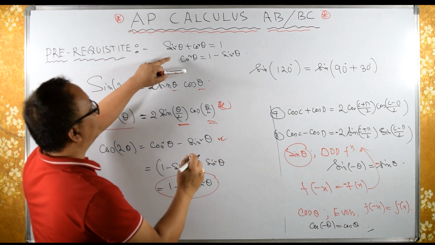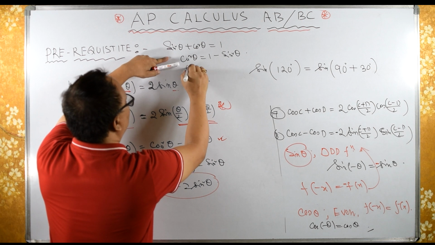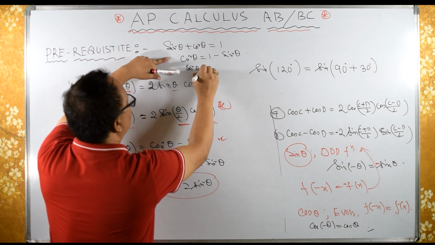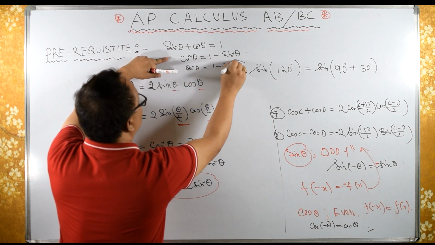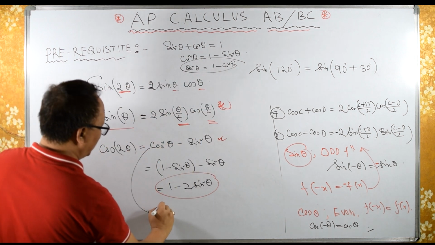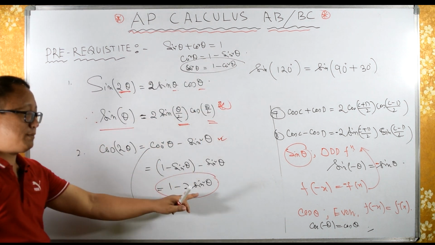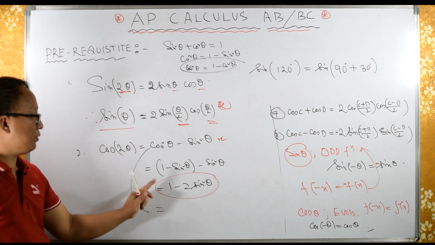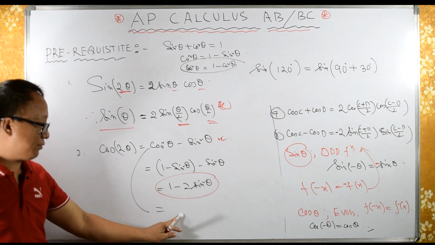Similarly, sine square theta equals 1 minus cos square theta. So from here we have cos 2 theta in terms of sine square theta, and similarly we can find cos 2 theta in terms of cos square theta.